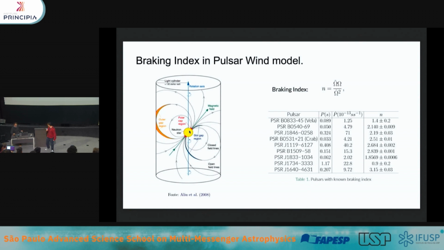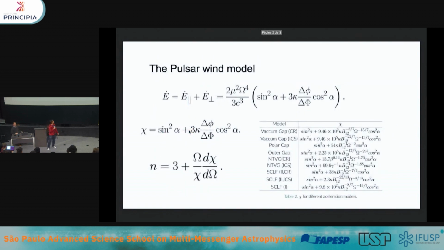So the model that I'm considering is the pulsar wind model. The energy lost by the star is, for the MDR model, which stands for magnetic dipole radiation, radiation that comes from the star.